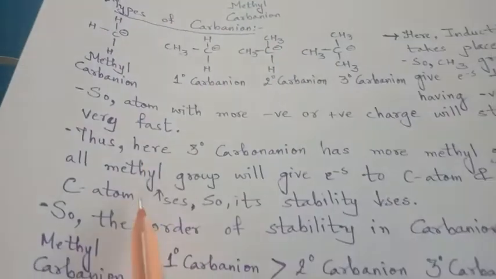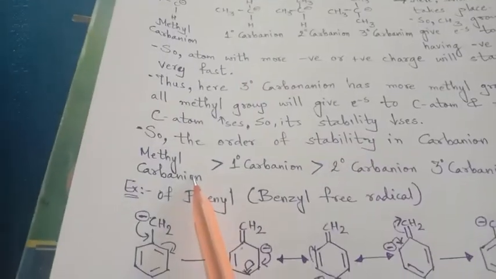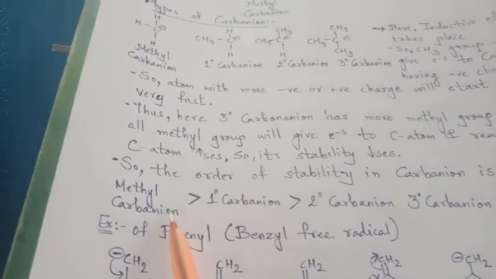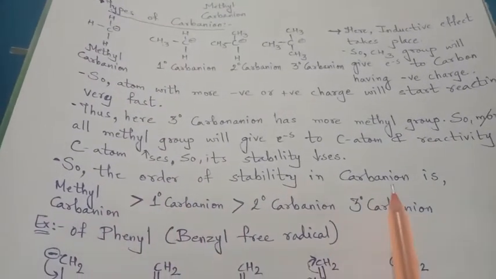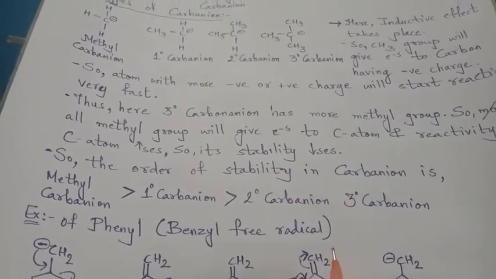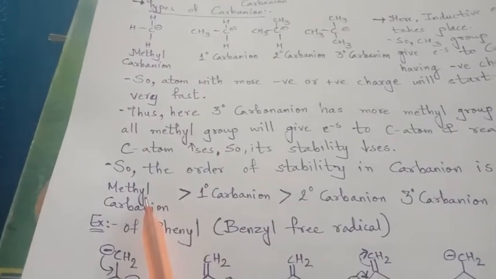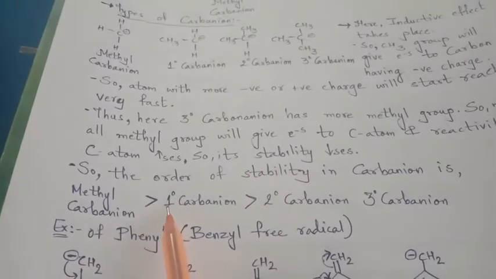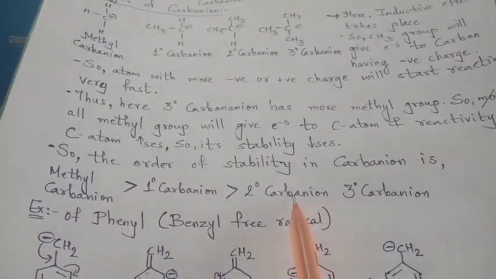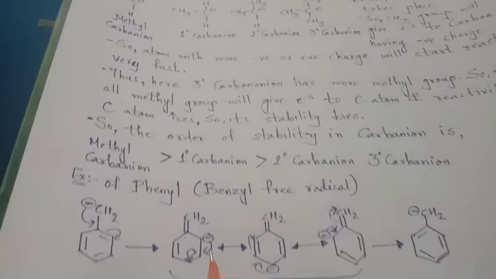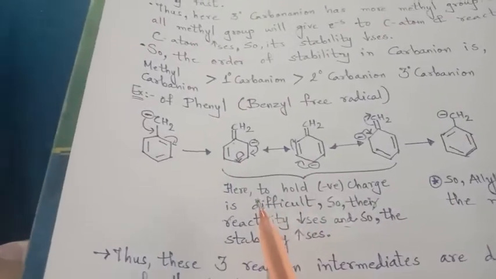So it will not remain stable. So what is the order of stability in carbanion? Methyl carbanion, then 1 degree carbanion, 2 degree carbanion and 3 degree carbanion.